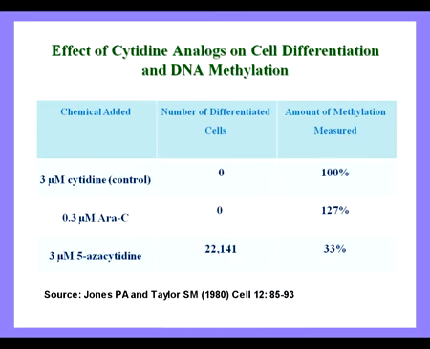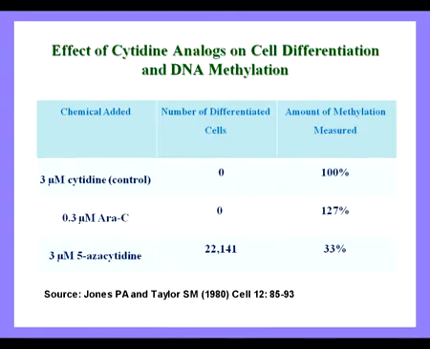Whereas the experiment containing 3 micromolar 5-azacytidine showed remarkably different results compared to the control and arabinose cytosine. 22,141 cells were found to be differentiating. That means they showed some differences in their morphology, and it was taken as the initiation of differentiation. If you compare it with the methylation pattern, only 33% of the CpG islands were methylated. It suggests that methylation has a direct correlation with cell differentiation.